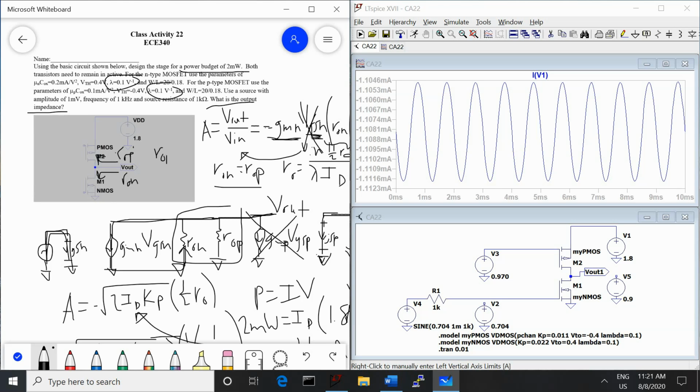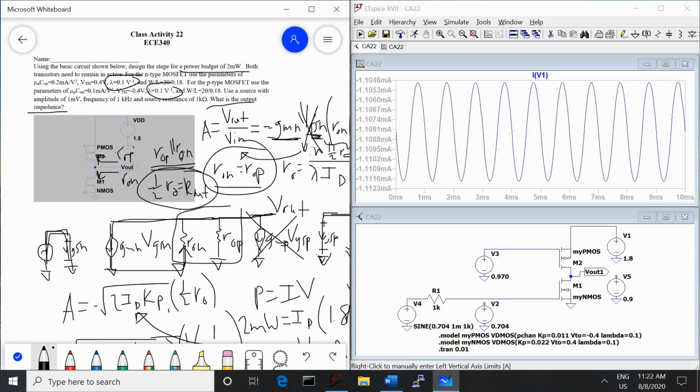We already said at the beginning of this problem that r0N equals r0P because our lambdas are the same and the current going through both transistors is the same. So this is just 1/2 r0, and that equals R out.